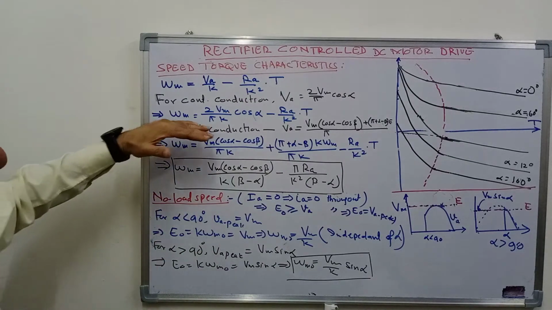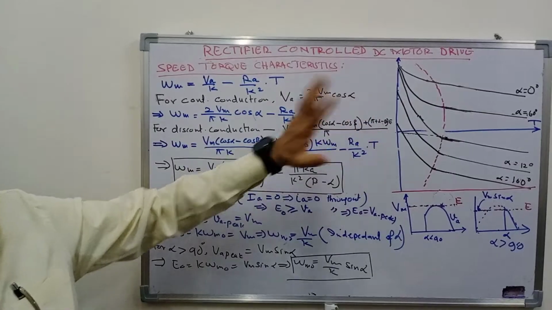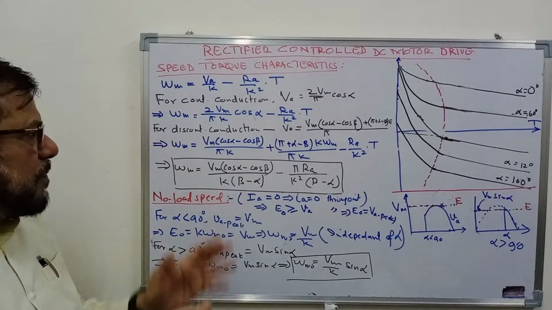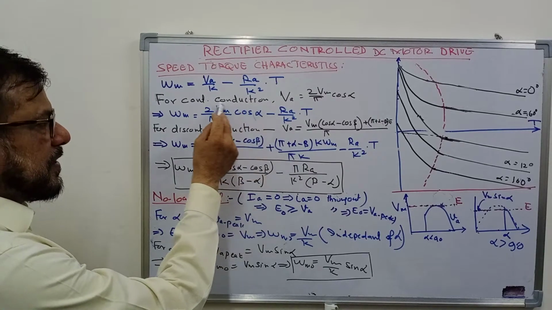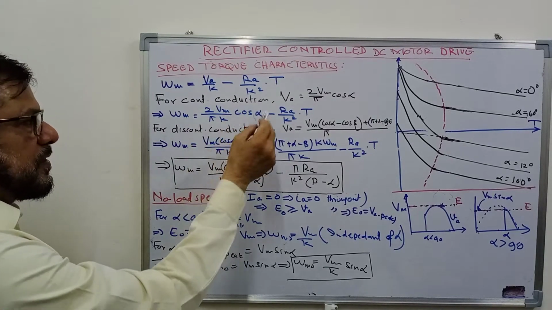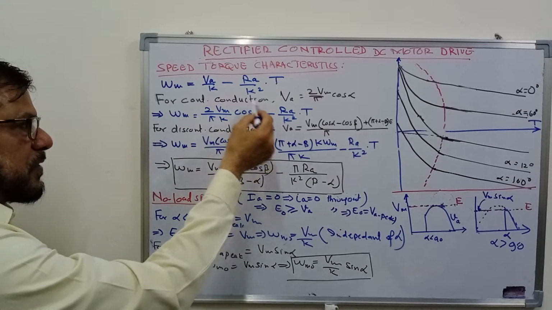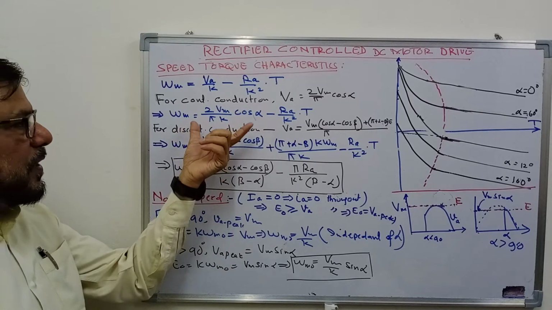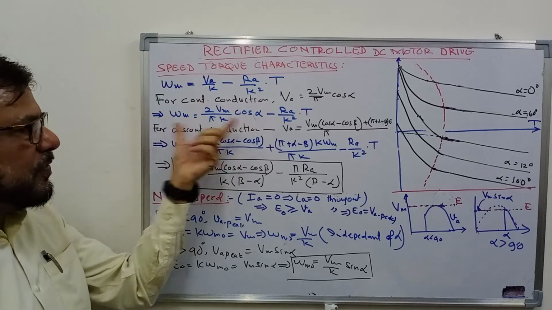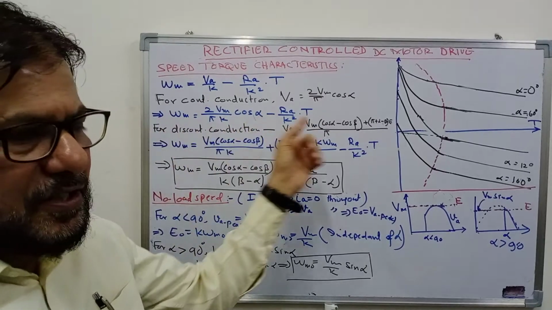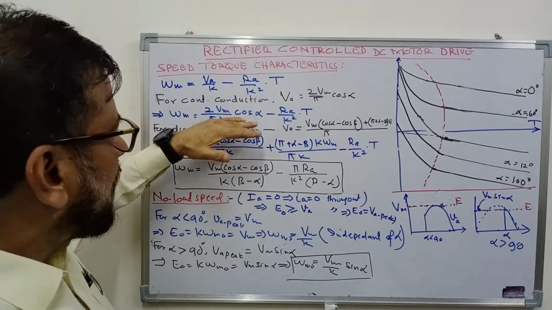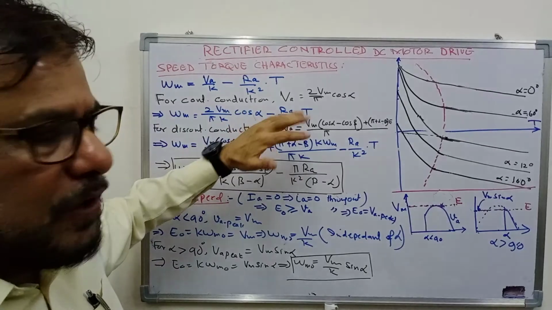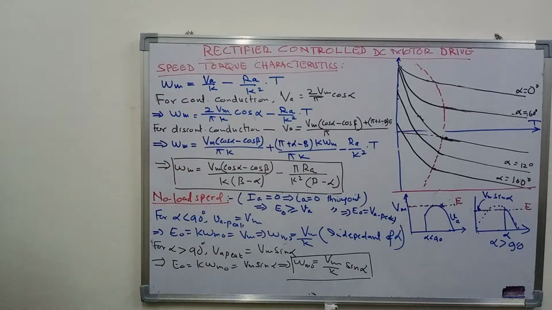So this relation is for continuous conduction, and you can see that for a particular value of alpha, this is a constant, the average value of the voltage will remain constant, and that is nothing but the no load speed. So the y-intercept of this linear relationship is constant irrespective of the value of alpha.